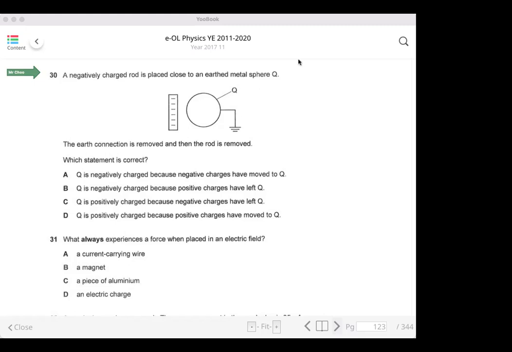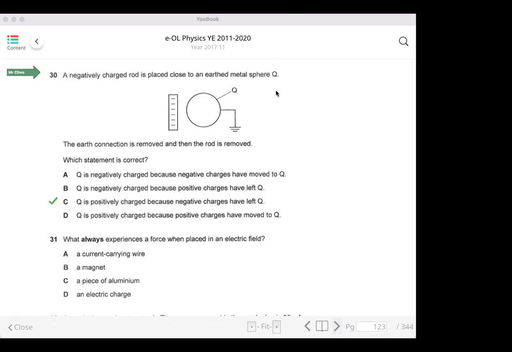Okay, so for question number 30, most of you got it correct. The answer is C. Do you all need me to go through it? Okay, so when you do this question, what will you do when you go to the exam?